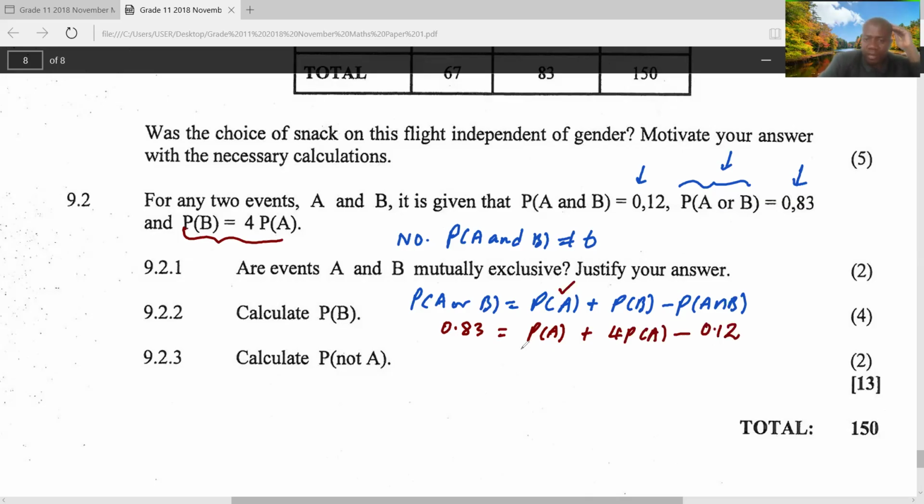So we'll group like terms, and let's transpose 0.12 to the left-hand side. 0.83 plus 0.12 gives us 0.95.